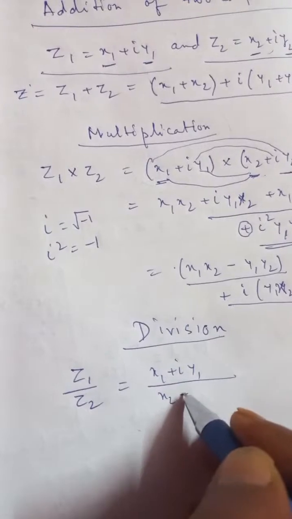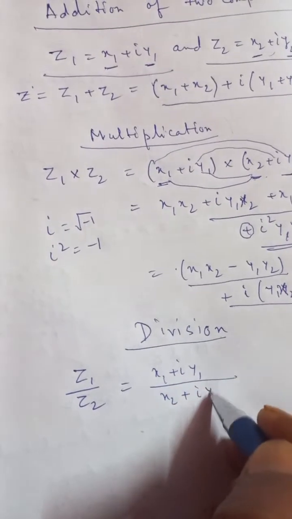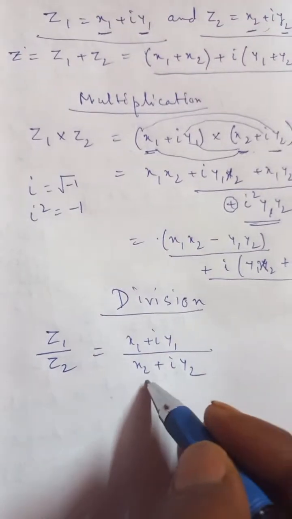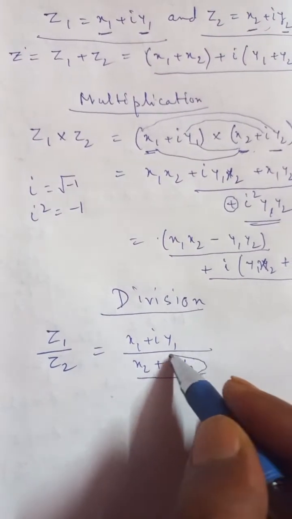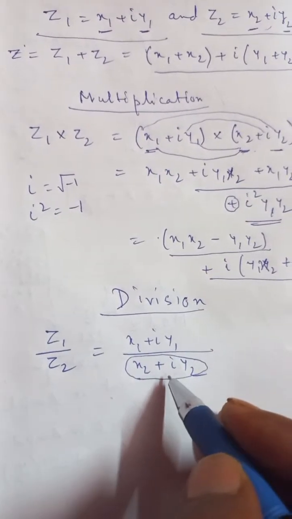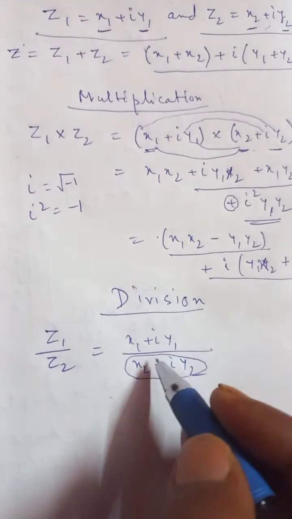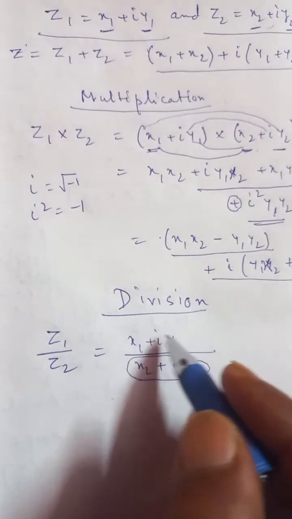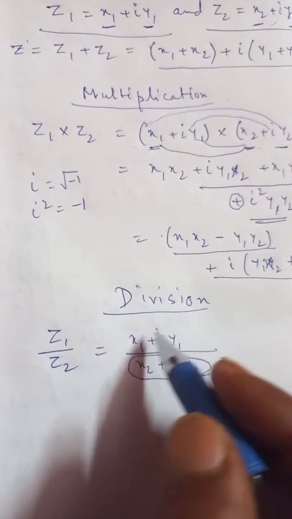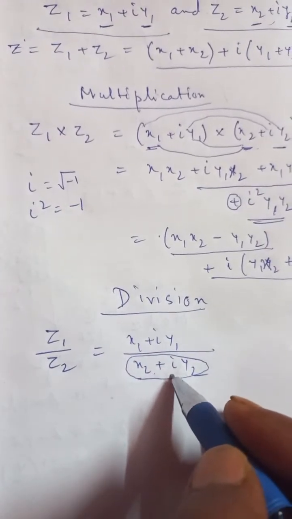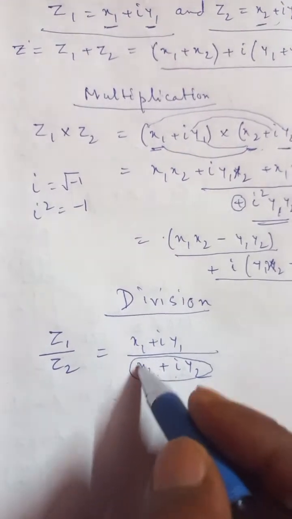(x2 plus iota y2). So in these cases our focus will be to generate a form such that the denominator is not a complex number but a real number.